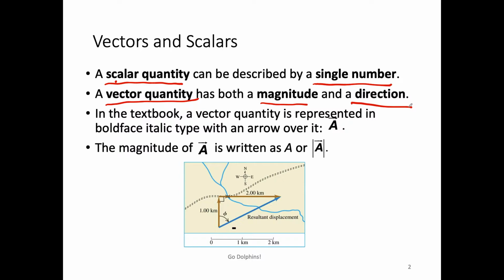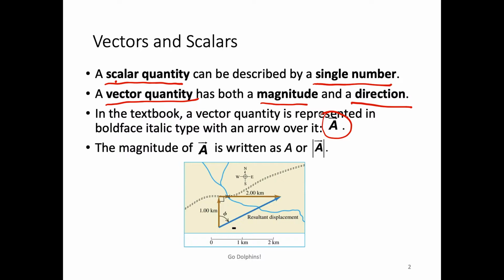So in the textbook, we use bold type, and then also we draw an arrow on top of the letter to represent a vector.